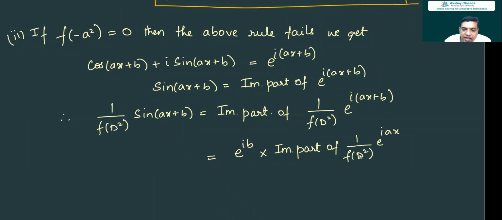Now, if f of minus a square is 0, then we'll have to use these cases. Then e power ib multiplied by the whole thing.